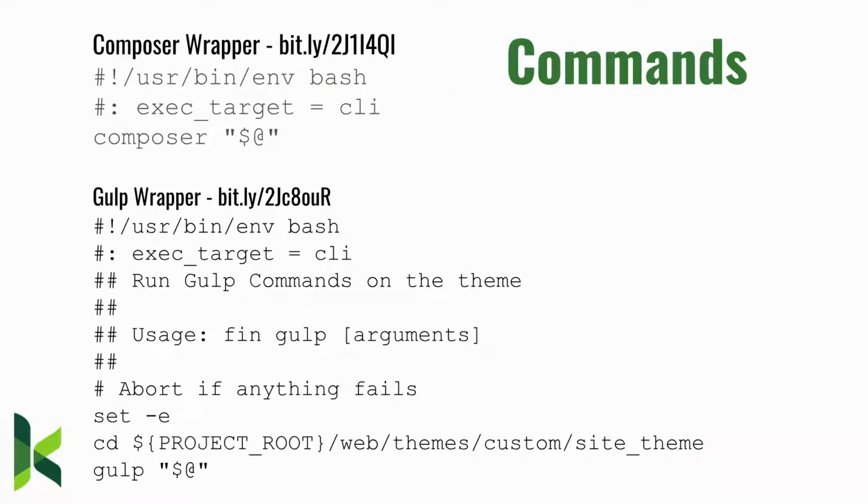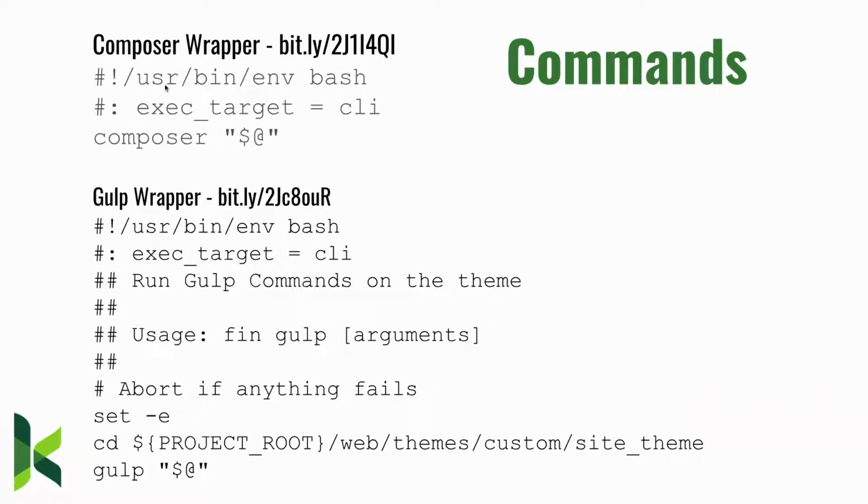So segueing over, there are these two, and then I'll actually have another more intricate one. These are commands that we built specifically to help ease the process. So normally with the top one, the composer wrapper, I would type fin exec and then composer and then any additional things.